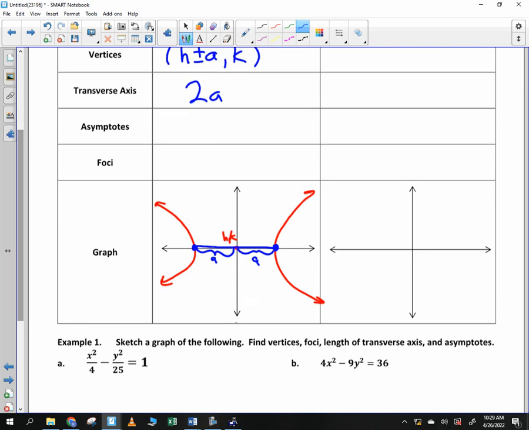Now, there's what I call kind of this imaginary box. I call it a ghost box. That's what makes this next structure. It has what we call asymptotes. We've talked about asymptotes before, right? These imaginary lines that are horizontal or vertical, these ones are sideways. And here's how I make the ghost box.